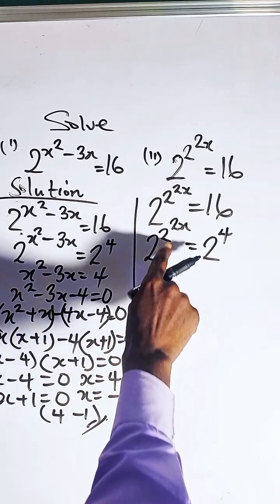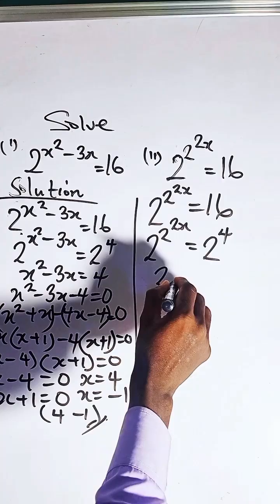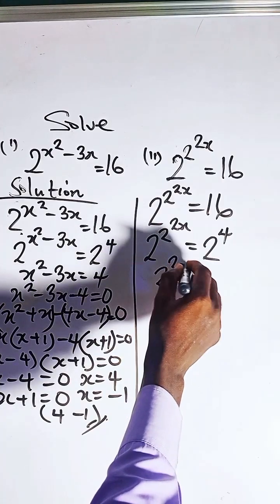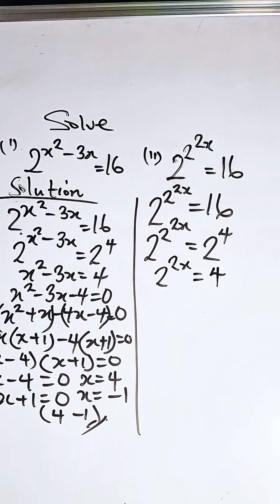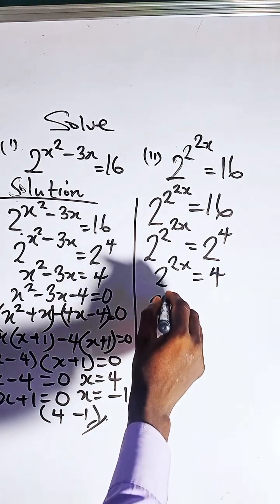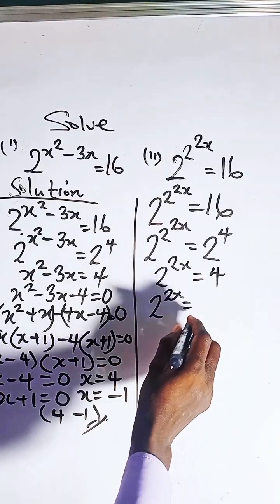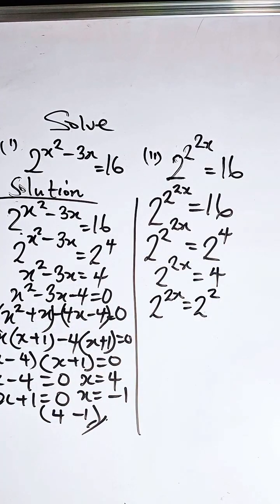We have the same base, so we have 2 raised to power 2x equals 4. We can write this in index form as well. So we have 2 raised to power 2x equals 2 raised to power 2, which gives us 4.